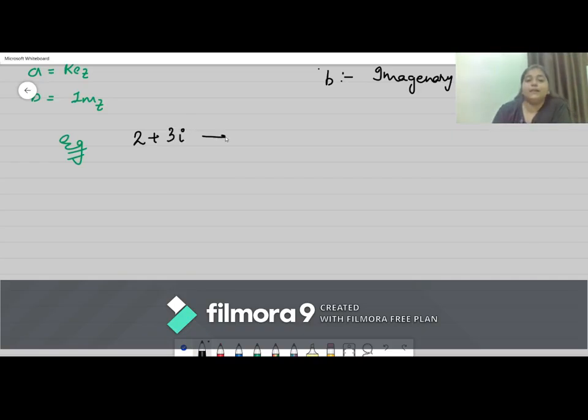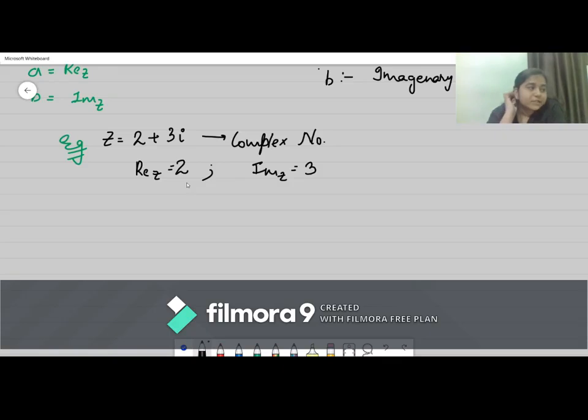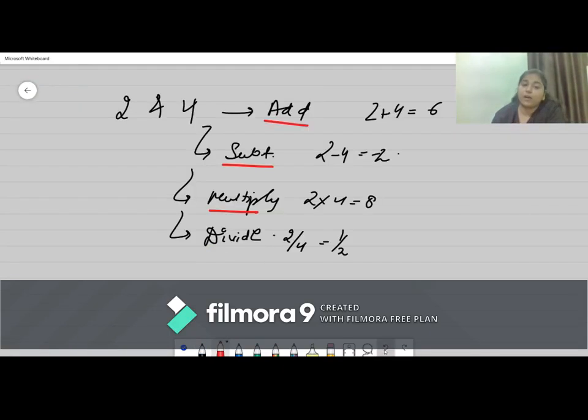This is a complex number. ये एक complex number है. अब अगर मैं आपसे पूछूं इसका real part क्या है, तो you'll say 2 और imaginary part क्या है complex number का, you'll say 3. Now, just like any other number, अगर complex numbers भी numbers हैं, तो उन पर भी हम लोग को ये operations करने पड़ेंगे.